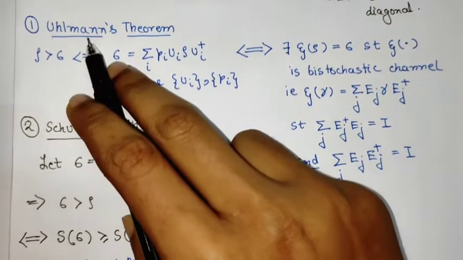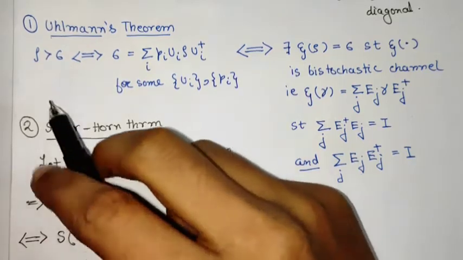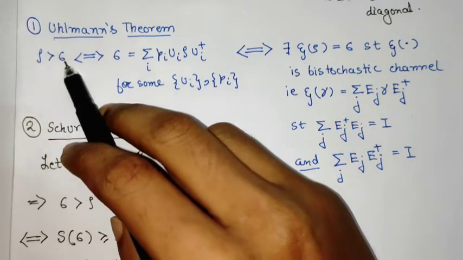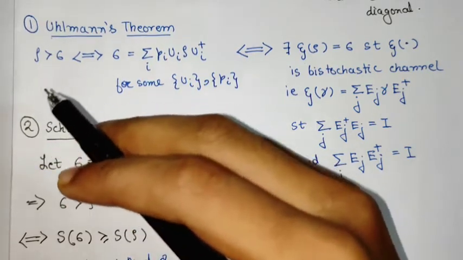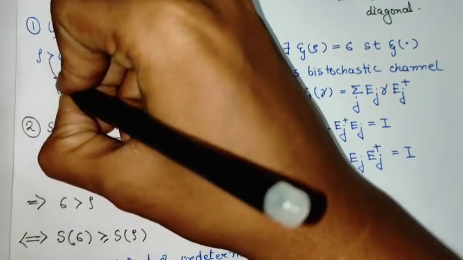So we start with Uhlmann's theorem that I have previously discussed. It says that rho majorizes sigma, or is majorized by it. In probability space, majorization is just an ordering.